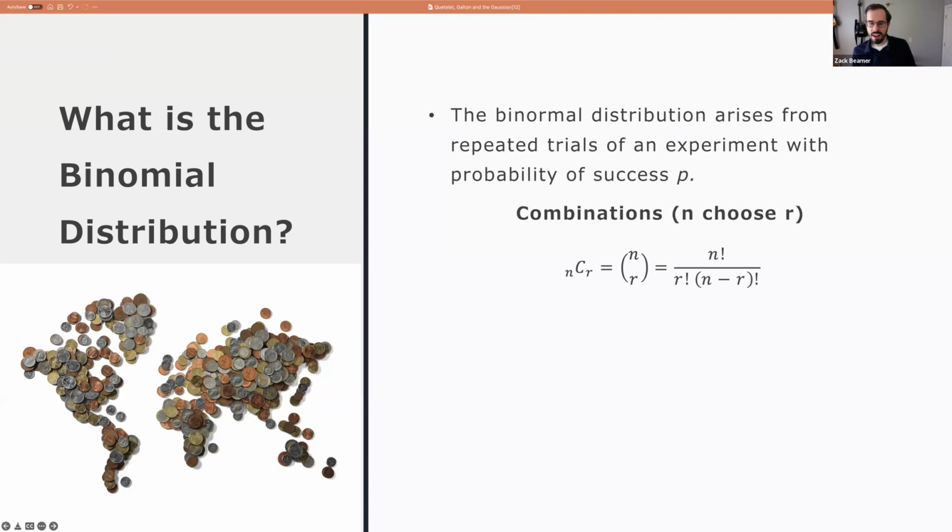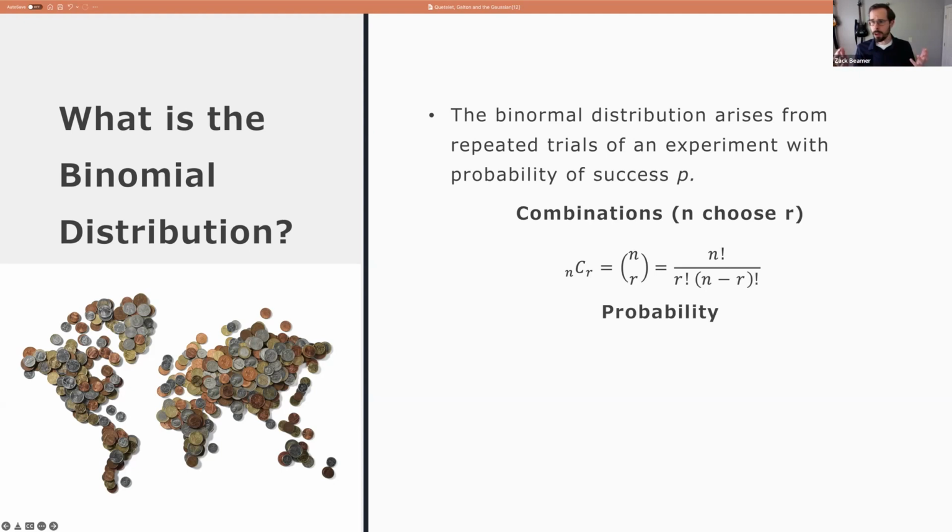But the idea behind N choose R is we're trying to figure out, if we have N objects, how many different possibilities are there for choosing R objects from that if we don't care about the order. So you may or may not have taught one of these things in one of the classes that you have taught. We used to teach this back with Math for Liberal Arts when we still had that one. It still comes up in things like discrete math as well, if you have a chance to teach that class.